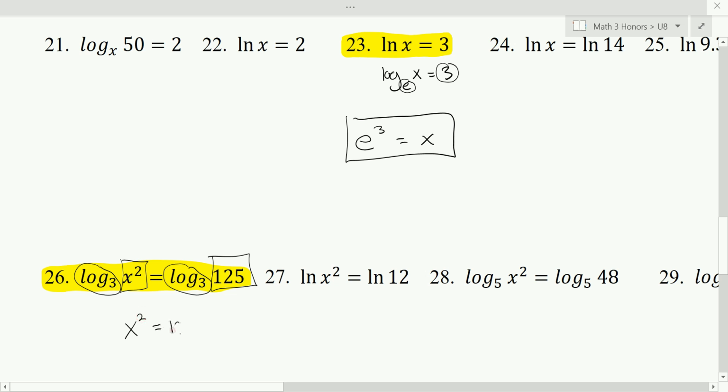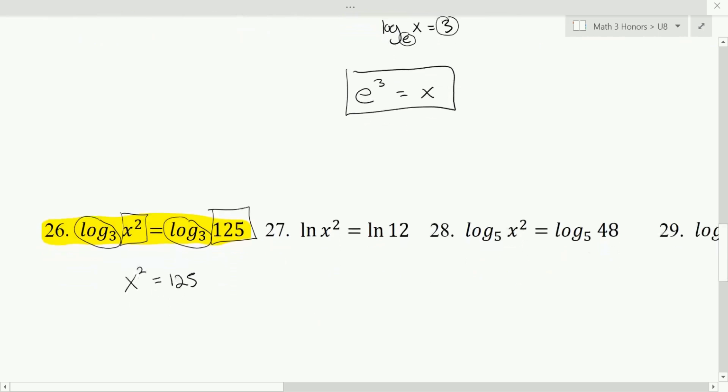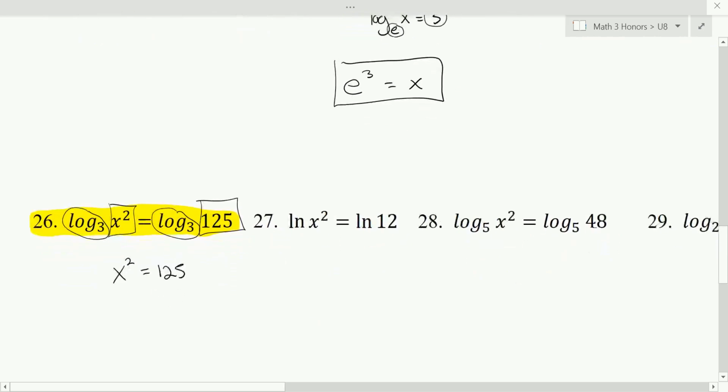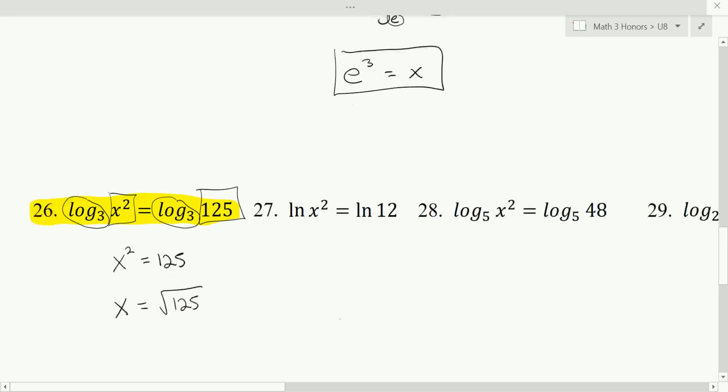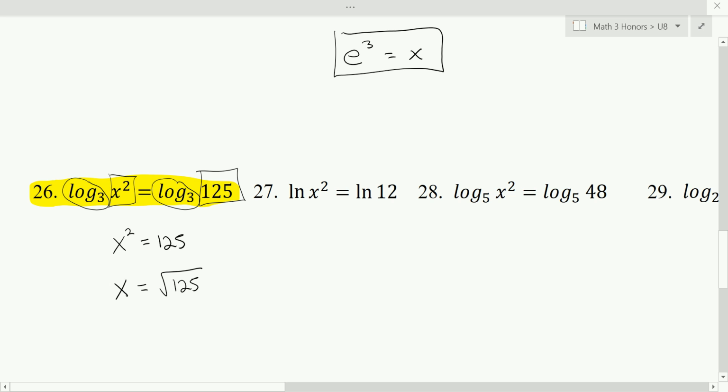And when I take this, what's the square root of 125? You're right, but it's not 15. 125 is 5 to the third power. We're looking for a pair.